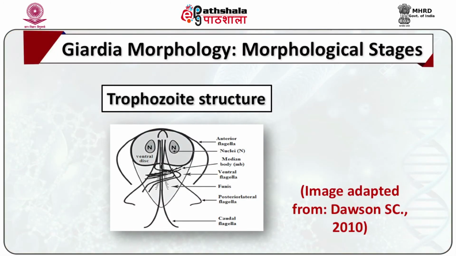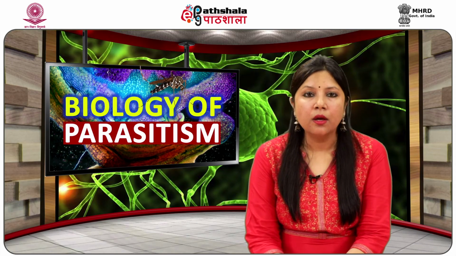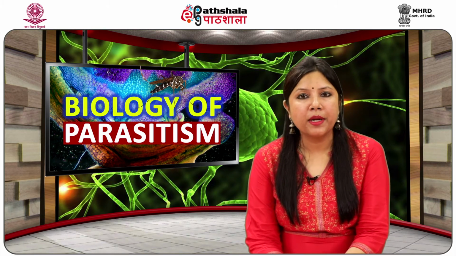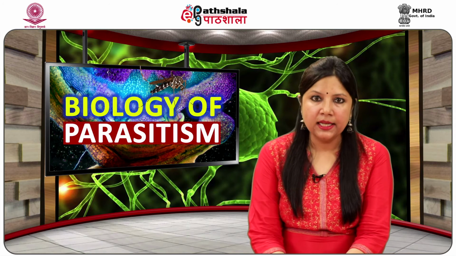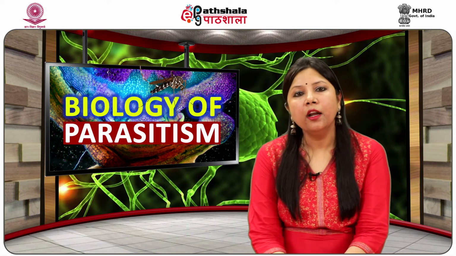Let's come to the structure of the trophozoite. Now, trophozoites are bilaterally symmetrical and bear 2 nuclei without nucleoli that are positioned anteriorly. The trophozoites also have 2 median bodies and 4 pairs of flagella, namely anterior flagella, posterior flagella, caudal flagella and ventral flagella.